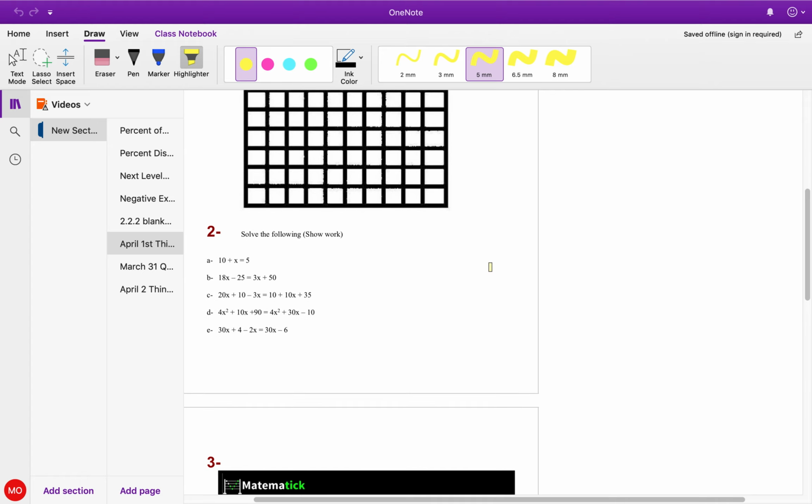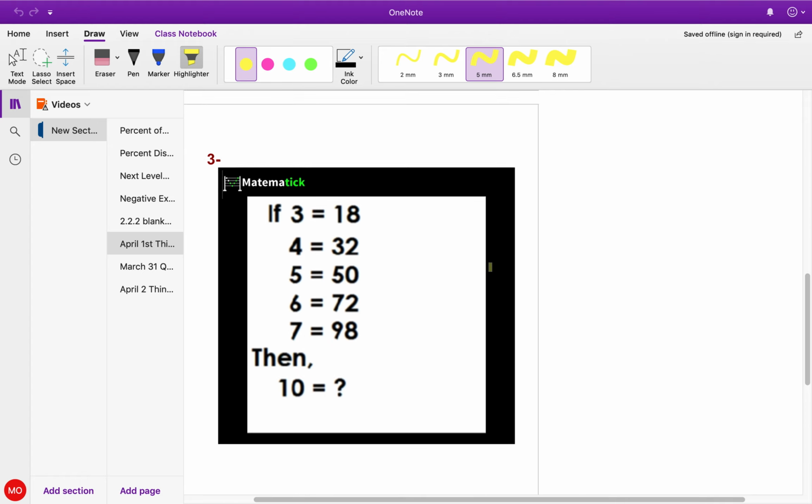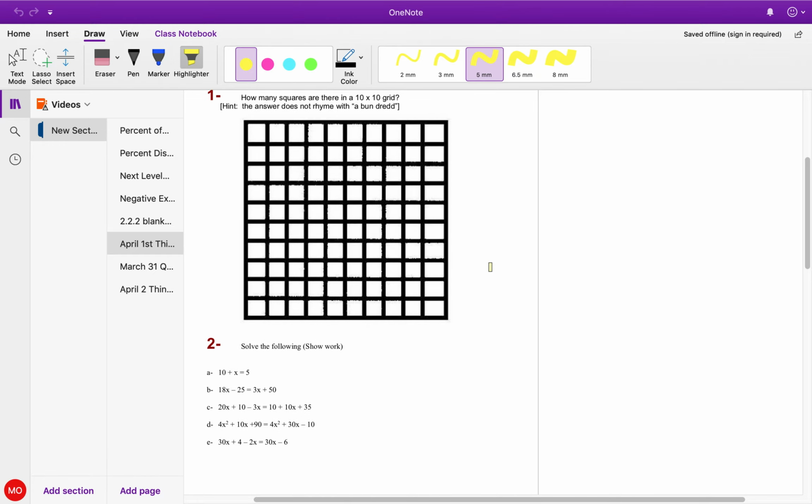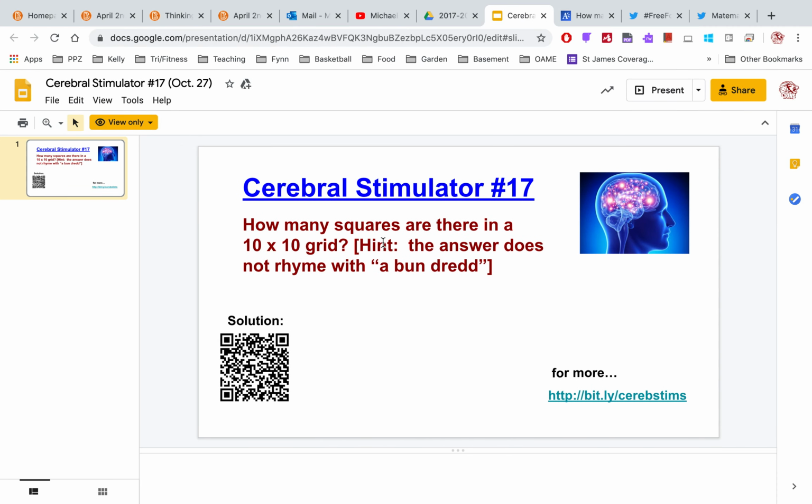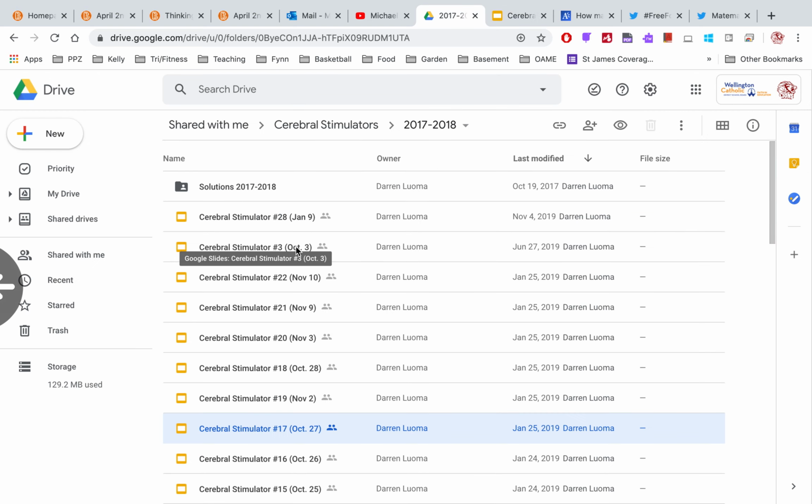Okay, so let's take a peek here at these questions. This one here is pretty interesting. What I'll actually do is pull up the answer. Oh, I can't pull up the answer.